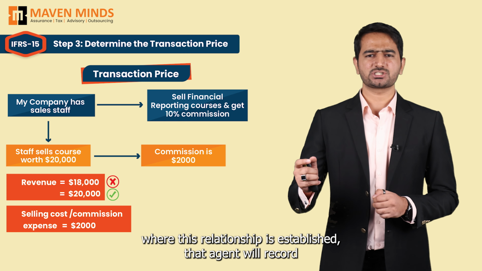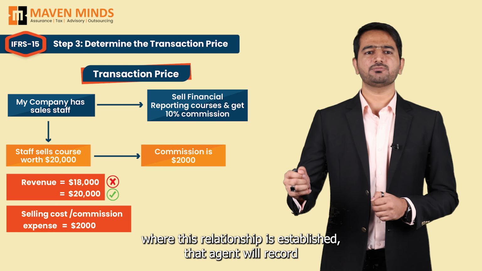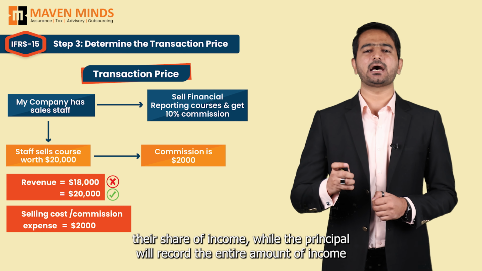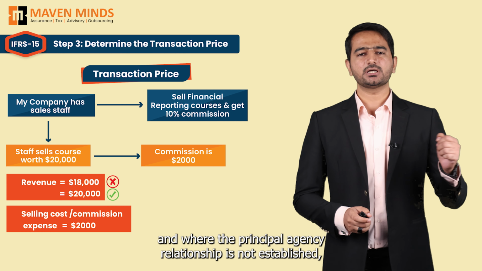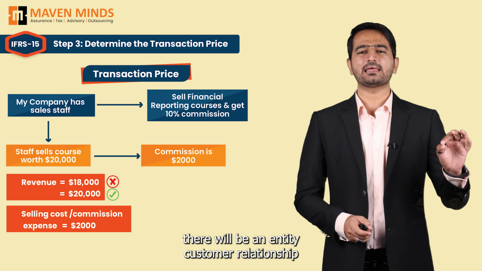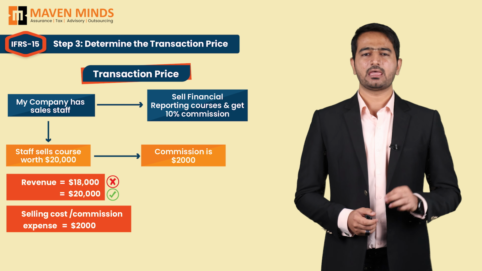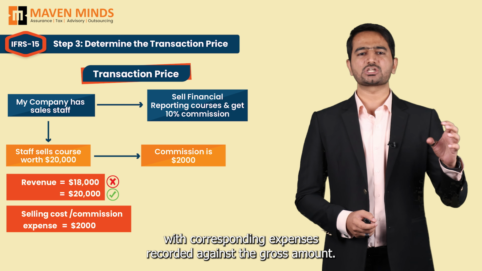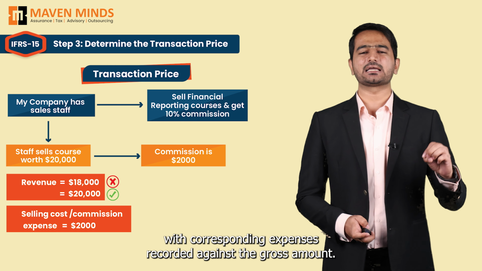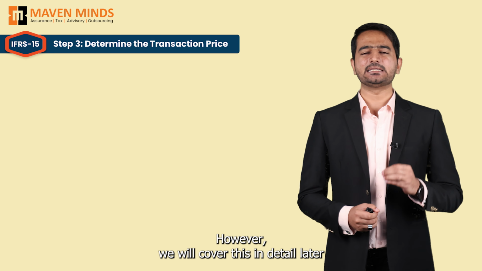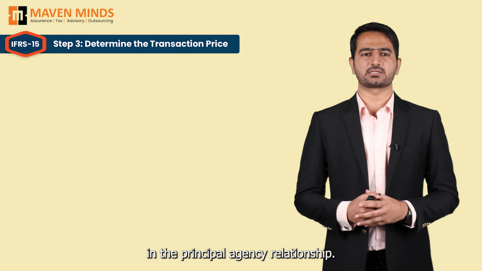Where this relationship is established, the agent will record their share of income while the principal will record the entire amount of income. And where the principal agency relationship is not established, there will be an entity customer relationship and the revenue will be recorded on the gross amount basis with corresponding expenses recorded against the gross amount. However, we will cover this in detail later in the principal agency relationship.